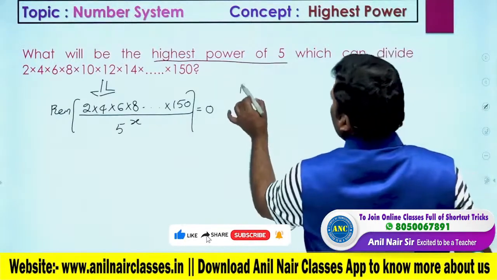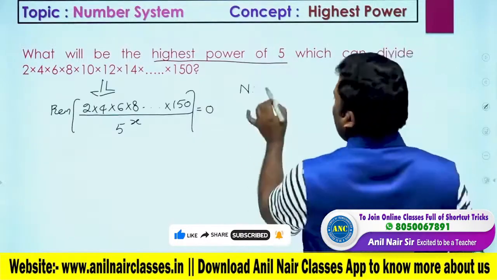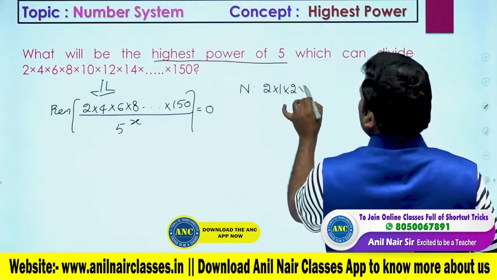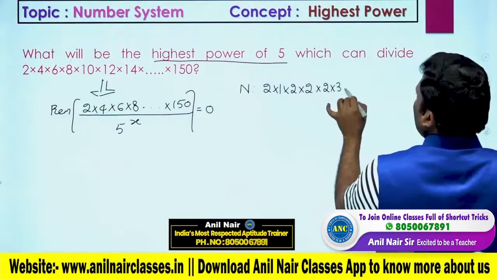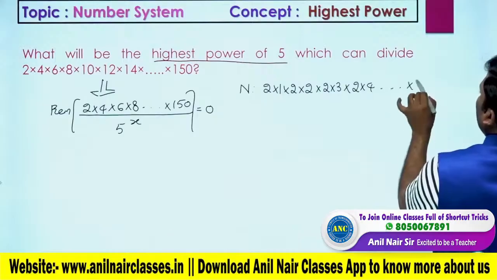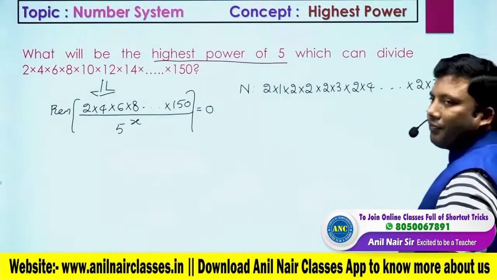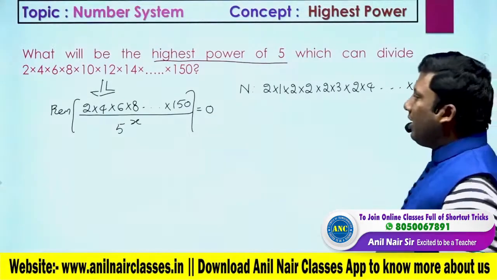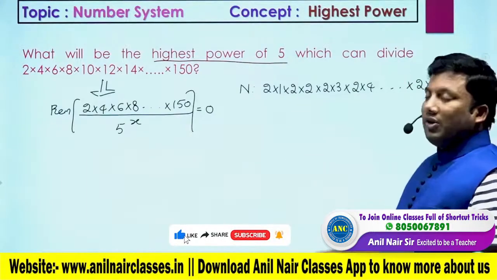First think, here is where students might make a mistake. 2 can be written as 2 1s are 2, 4 can be written as 2 2s are 4, 6 as 2 3s are 6, 8 as 2 4s are 8, and 150 can be written as 2 75s are 150. Do not write it as 2 common, 1 into 2 into 2 into 75 factorial.